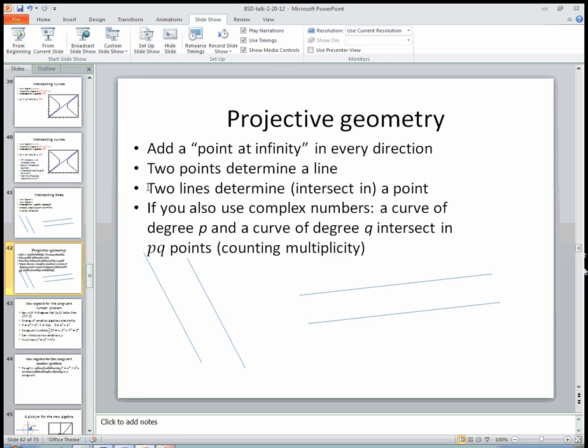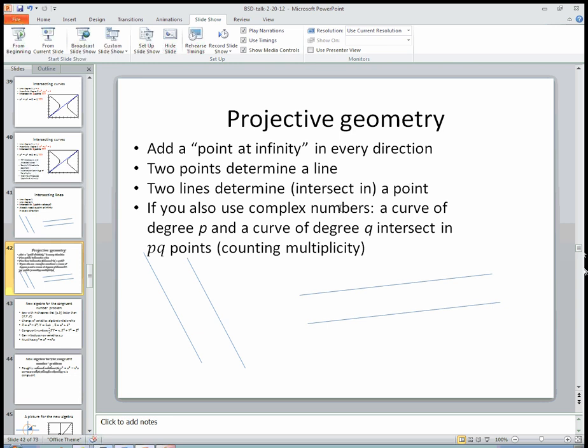And it's most of the time true that 2 lines determine a point by their intersection. But if you don't do this trick of adding points at infinity, you lose an opportunity for a wonderful dualism. You get an exception here and you don't have an exception here. So we add these points at infinity so that any 2 lines, including parallel lines, intersect in a unique point. And so you get 2 points determine a line and 2 lines determine a point. It's beautifully dual. And it's a wonderfully important thing to do.